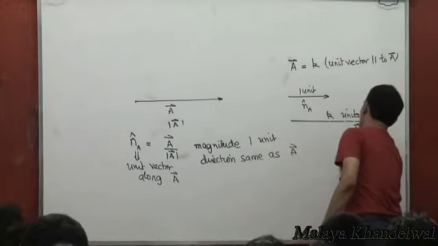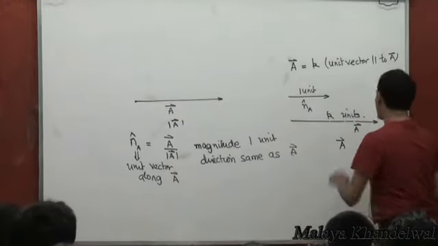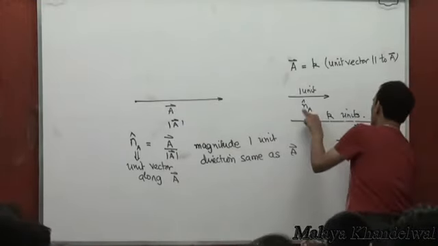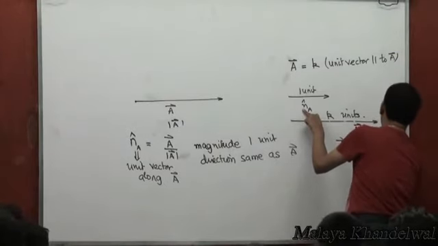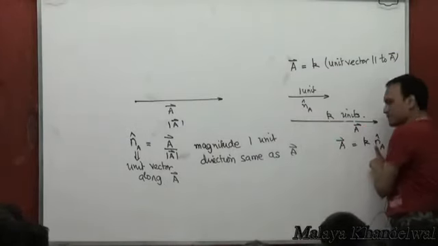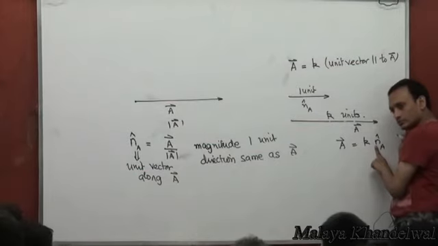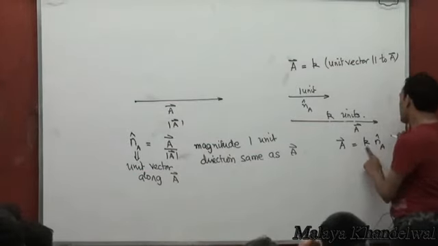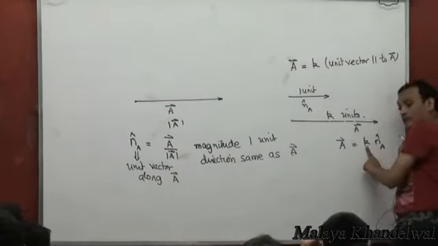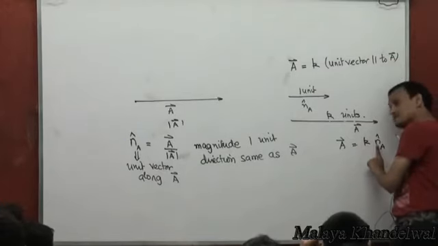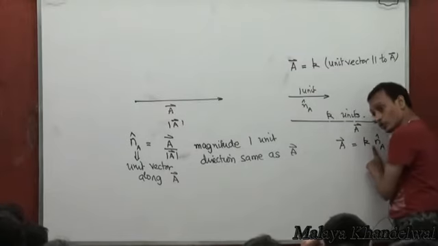Can I not say that A must be k times n cap? N cap is a vector of 1 unit magnitude. Vector A is k times n cap, means the magnitude of A is k times the magnitude of n cap, but the magnitude of n cap is 1 unit, yes or no?